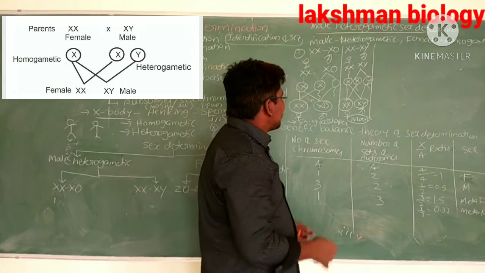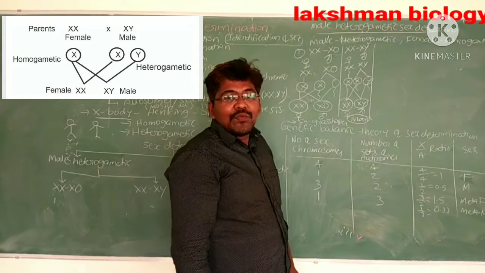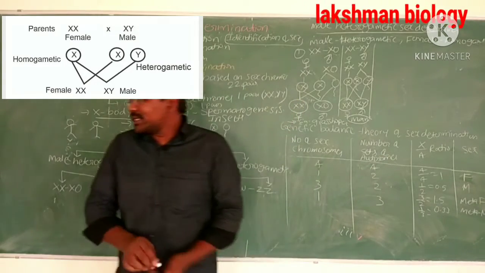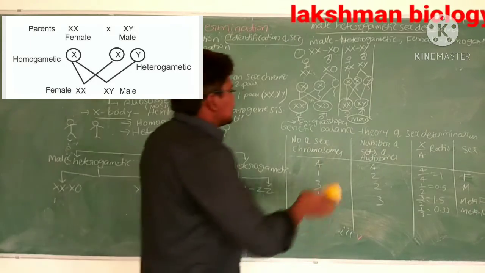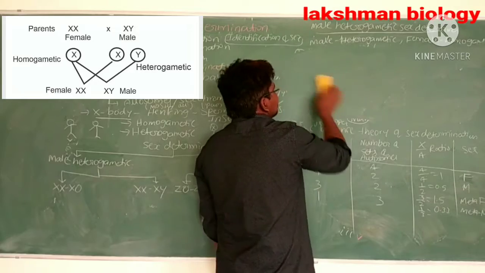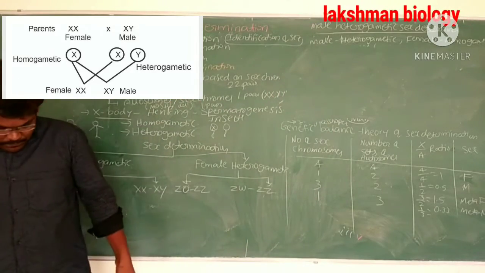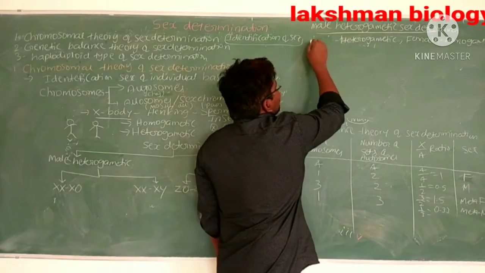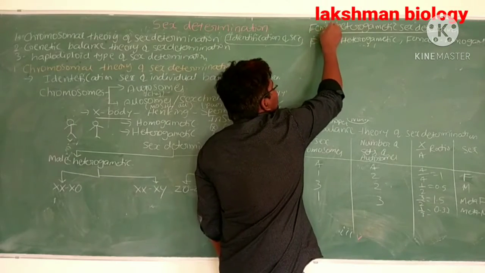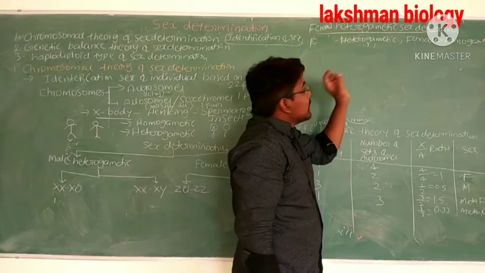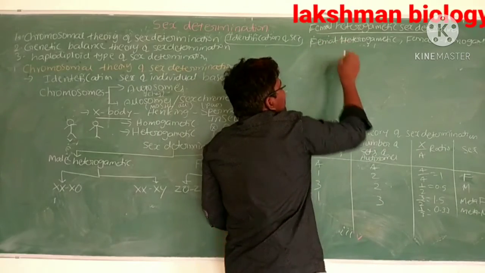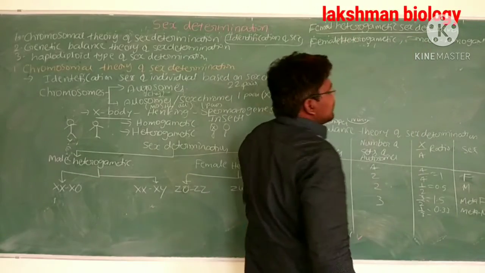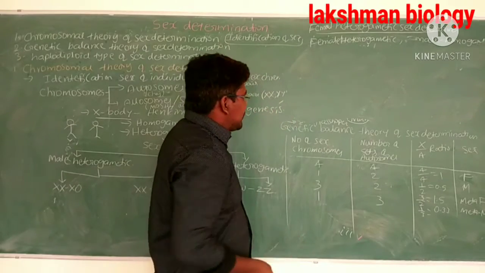After the completion of male heterogamety, we have to see female heterogamety. In female heterogametic sex determination, the female is heterogametic and the male is homogametic.